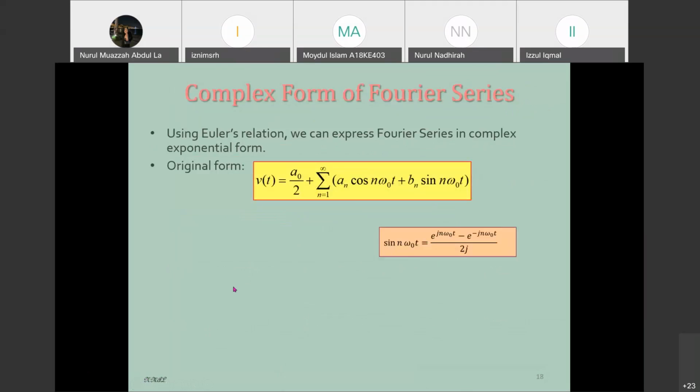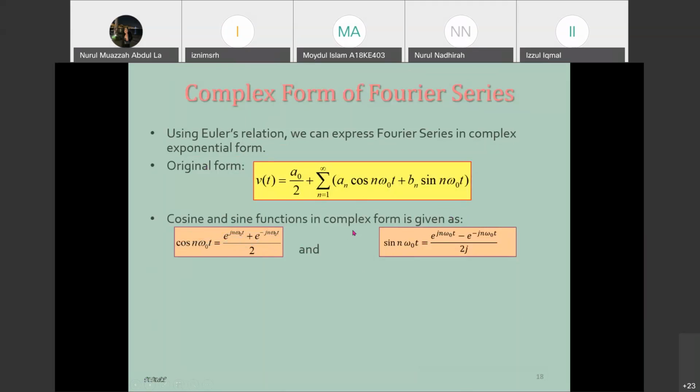If you want to plot double-sided spectrum, then you need to represent the Fourier series in terms of complex exponential form. So recall the original form here, and then the cosine and sine function here is represented.